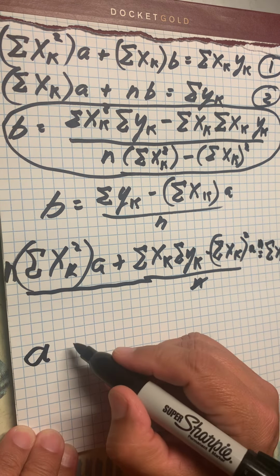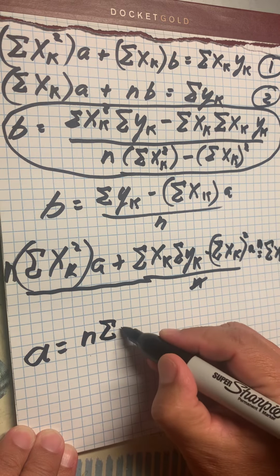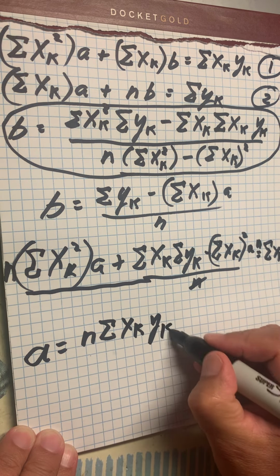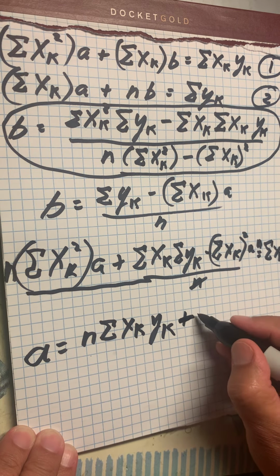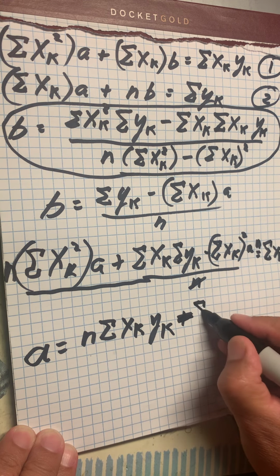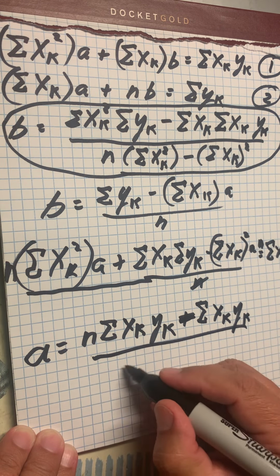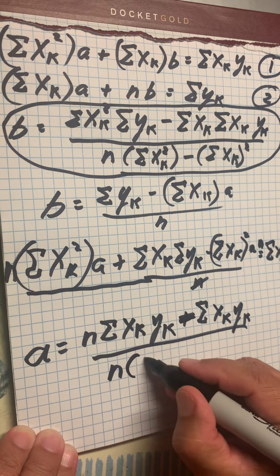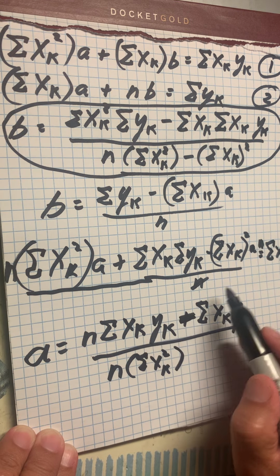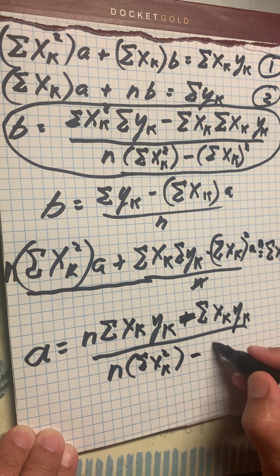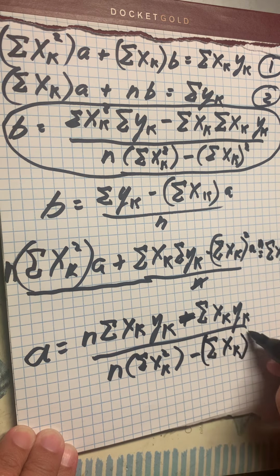So a equals n summation xk yk, plus, I'm sorry, there's a negative summation xk yk over n summation xk squared, and where else do we have an a in here, minus summation xk quantity squared.